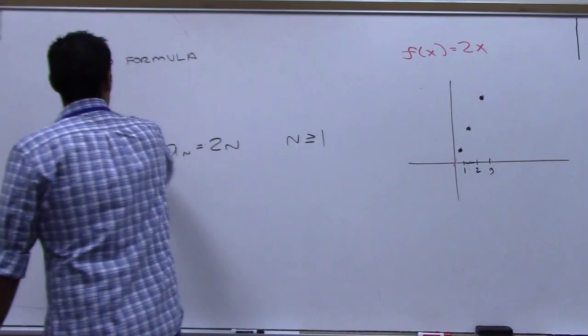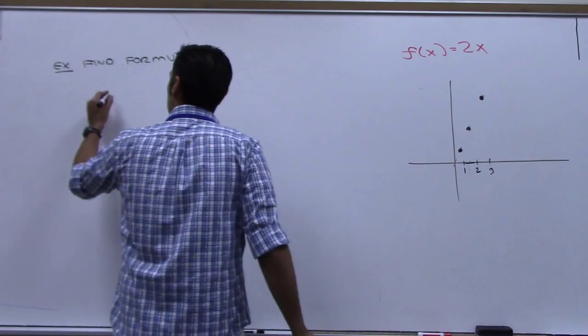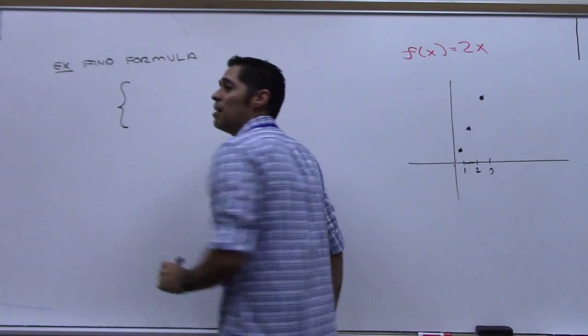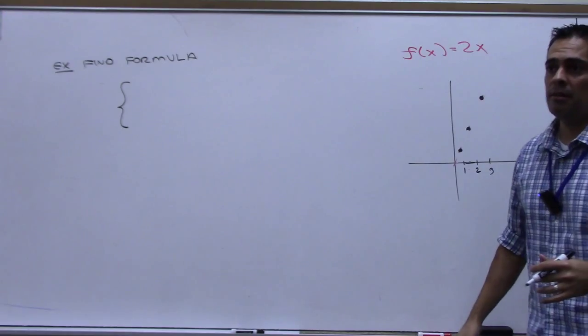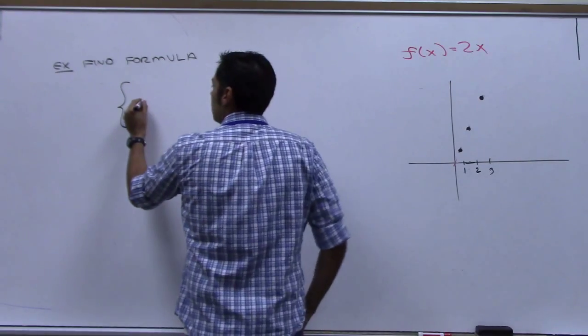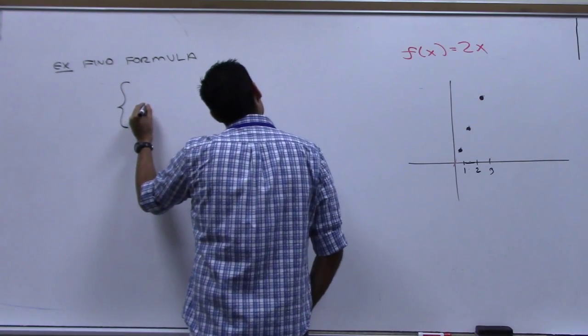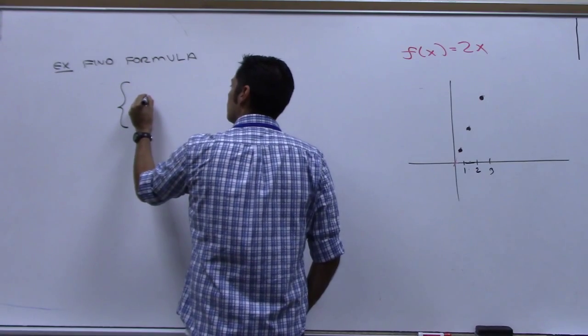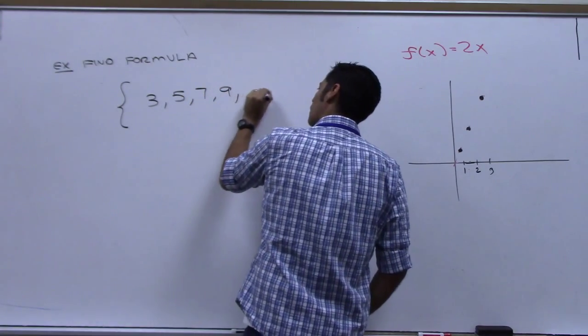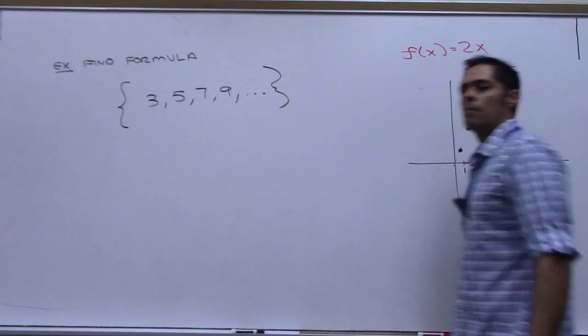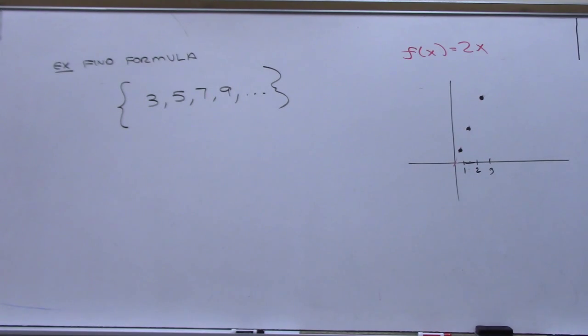Okay, so how about this? See if you can find a formula for this one. I just want you to raise your hand if you have the formula. I do not want you to yell it out, okay? I don't know if y'all noticed a little while ago, those were the even numbers.